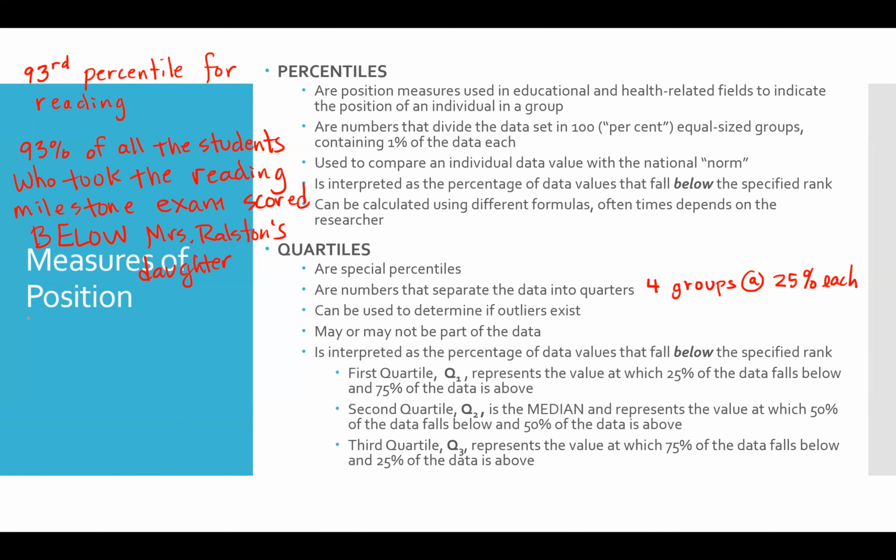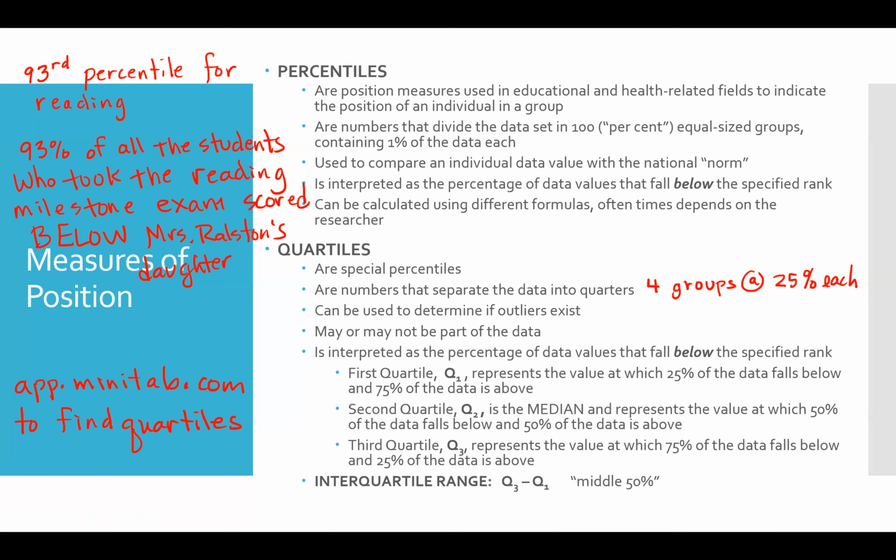Now, we will use Minitab to find quartiles. Within the quartiles, we also have something called the interquartile range, which represents the middle 50% of the data set.